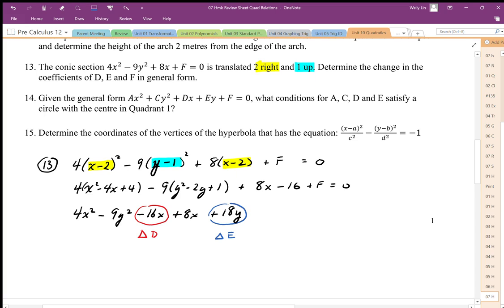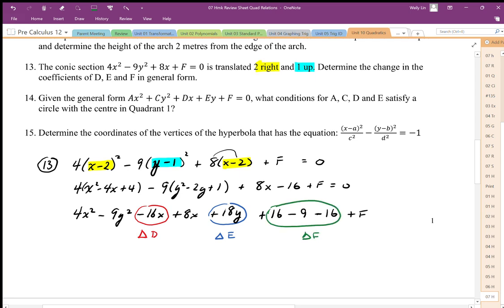And then our constant term is going to be plus 16 from the 4 times 4 here, minus 9 from the 9 times 1, and then a minus 16 from that 8 times 2 here, and then plus f. So all of those terms together represent the change in the f value.